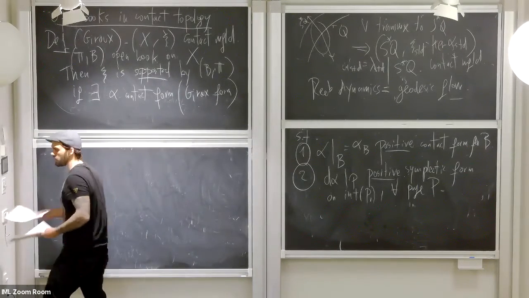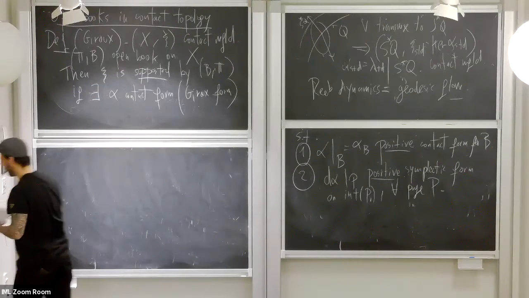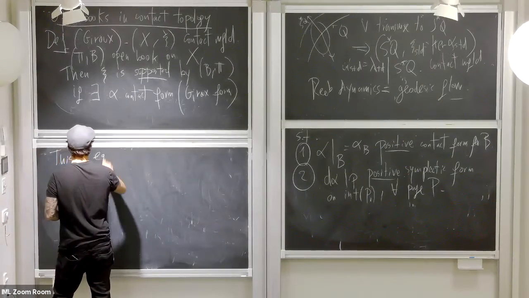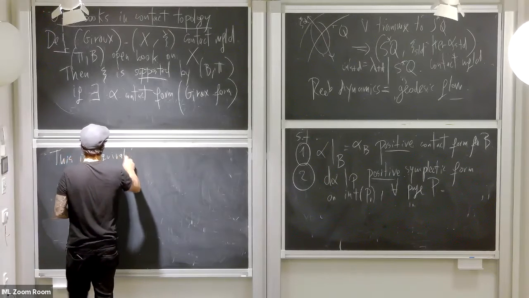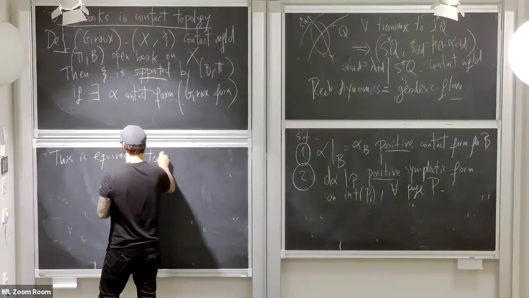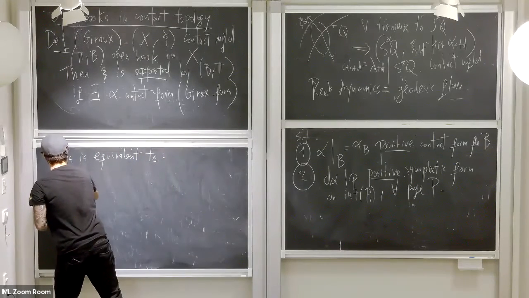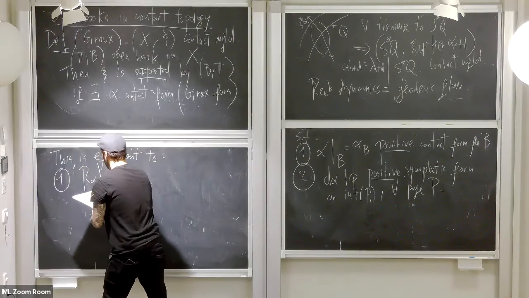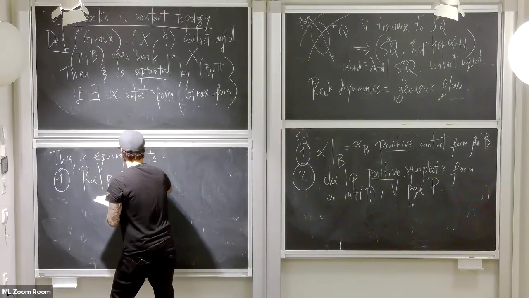You can check that this definition is equivalent to the following. The first condition is that the Reeb vector field of alpha is tangent to the binding.